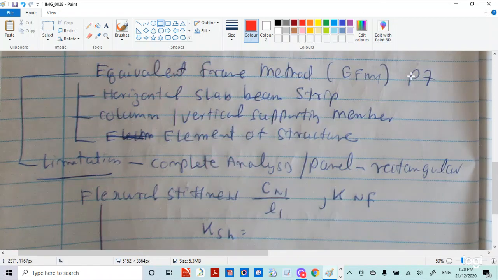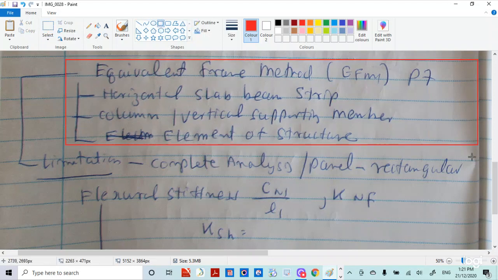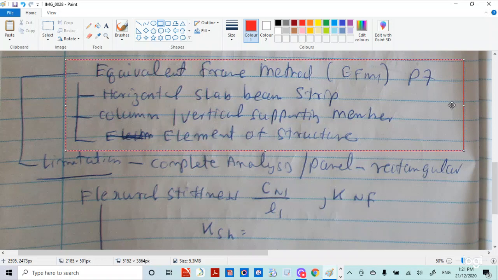Now, the equivalent frame method. In this case, the calculation method is the equivalent frame method, EFM, which is included in page number 7.